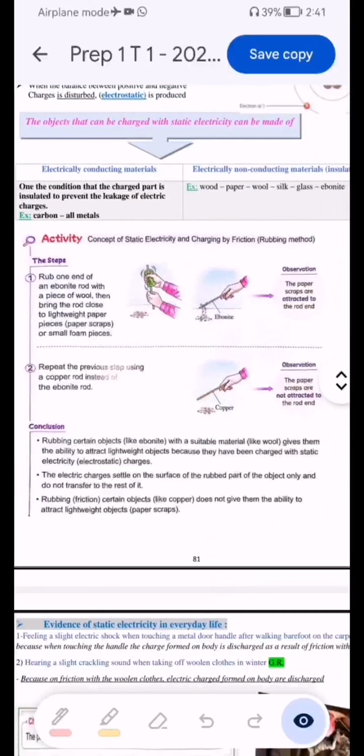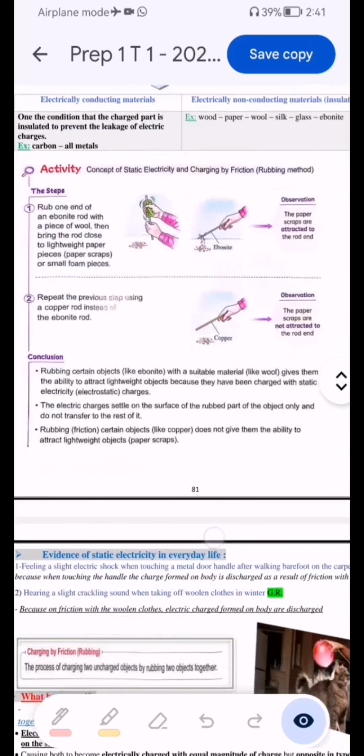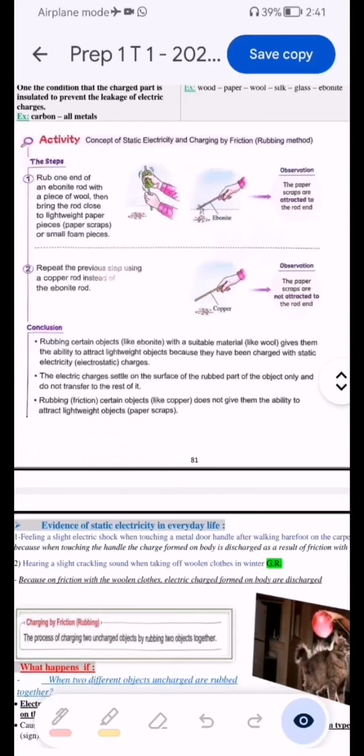Wrapping a certain object like ebonite with a suitable material like wool gives it the ability to attract lightweight objects because it has been charged with static electricity, or electrostatic charges. Okay, the electric charges settle on the surface of the wrapped part of the object only and don't transfer to the rest of it.